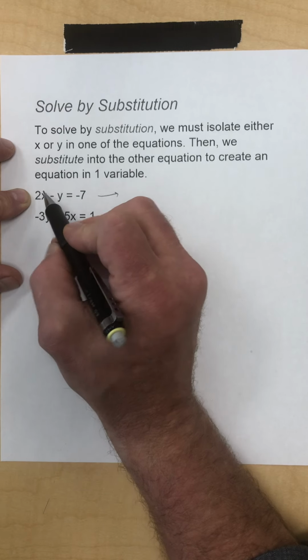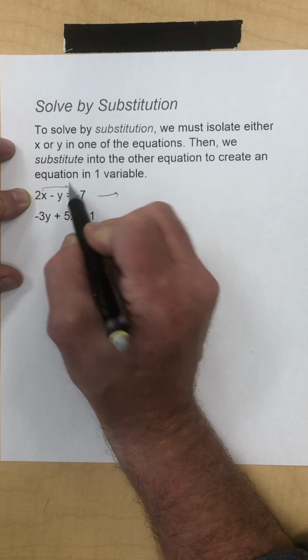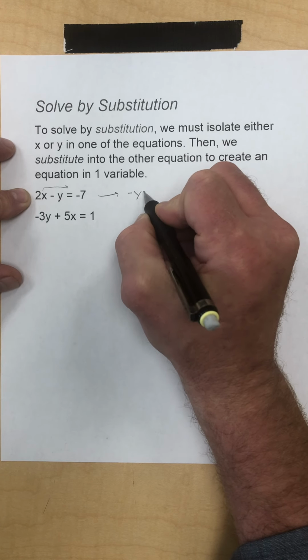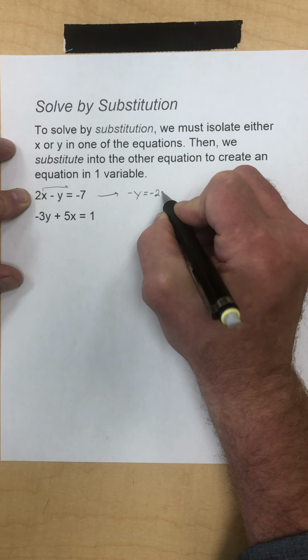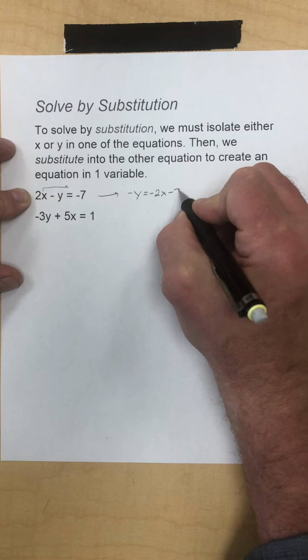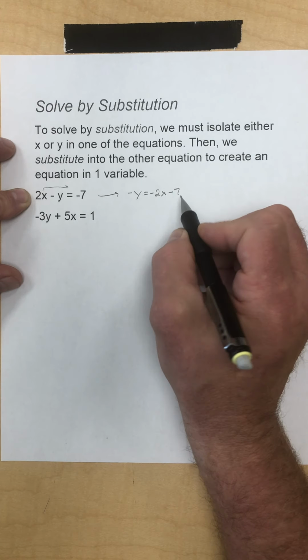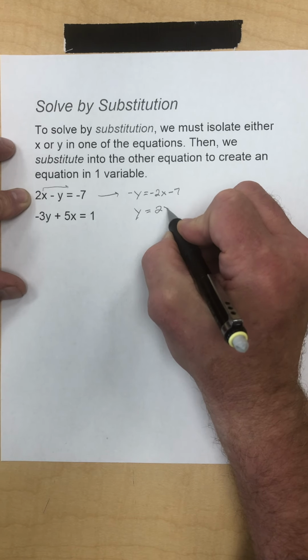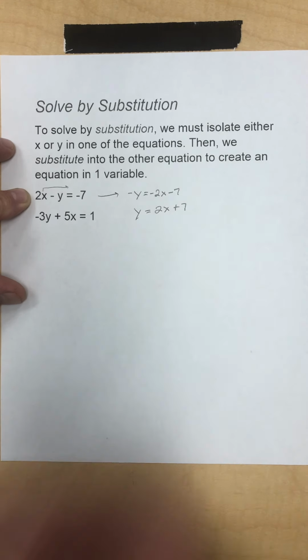So right here, if I take that 2x and move it to the other side, it becomes -2x. So I get -y equals -2x minus 7. And then I divide everything by -1, so I get y equals a positive 2x plus 7.